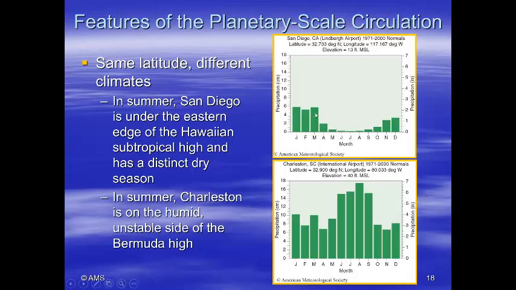In the winter months, our precipitation is 4 to 6 centimeters. Charleston, on the other hand, during the summer months of May, June, July, August, and September, has very large amounts of precipitation, about 18 centimeters max. And they have less precipitation in the winter, about 8 to 10 centimeters.